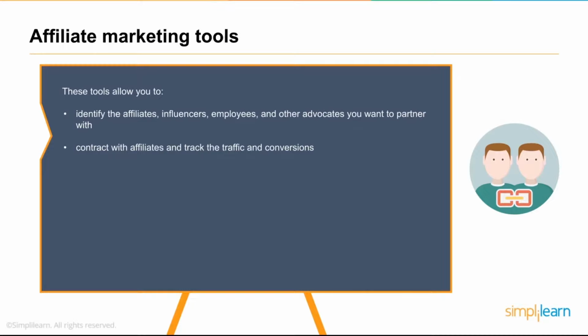You could set up terms and conditions for, say, 10% off all sales, as an example. You're going to need a platform that will help you broker that contract, the contract terms or program terms. Furthermore, you're going to need a platform to help you track: is this affiliate driving traffic to my products, and is this affiliate helping me sell? These platforms help you do just that.